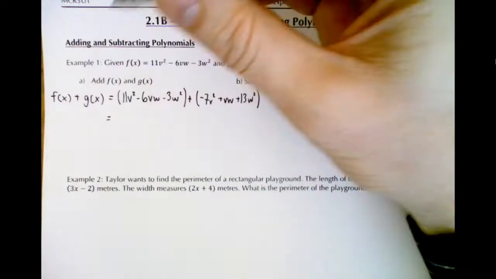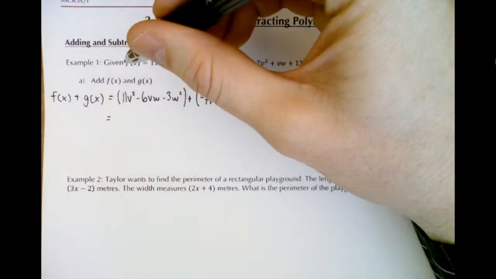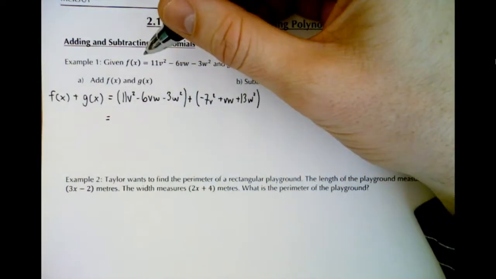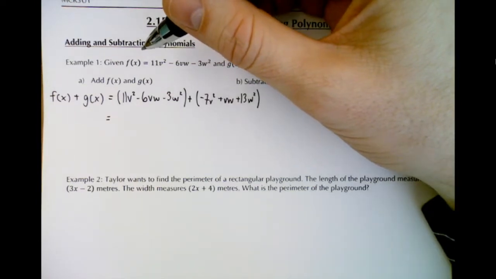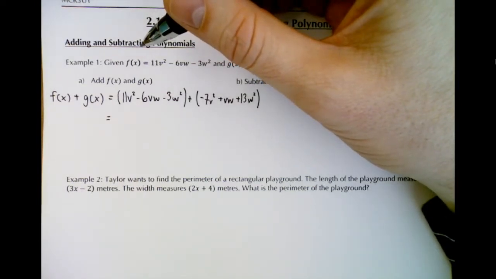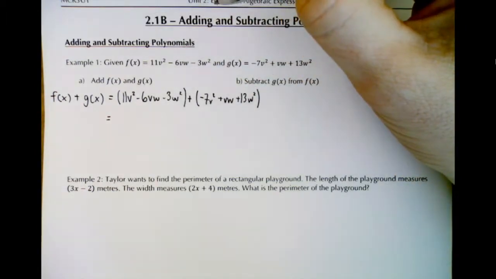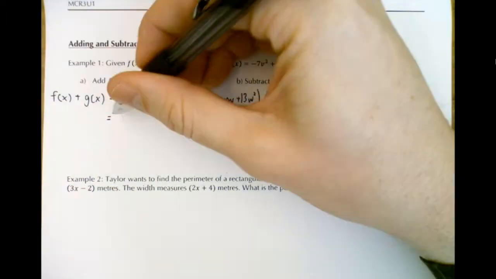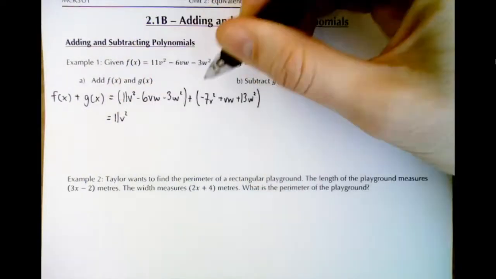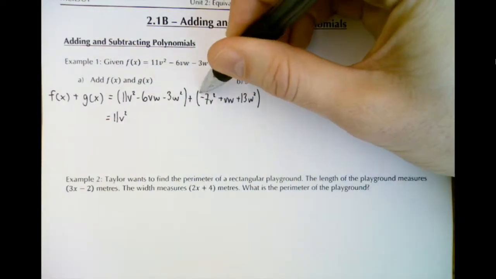So I'm going to rewrite this with the brackets open, and I'm going to be a little bit strategic here. When I open the brackets, I'm going to put the like terms next to each other. So what's a like term? Well, a like term has the exact same variable with the exact same exponents. So this might take a little bit of planning, but in the first bracket we have 11v squared, and in this second bracket we also have a term that has a v squared.